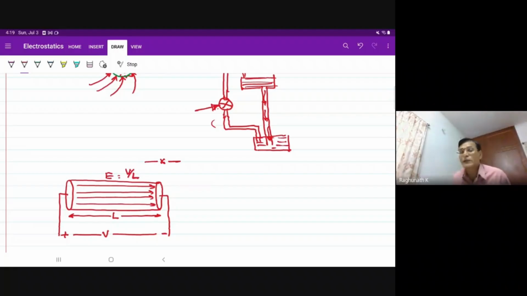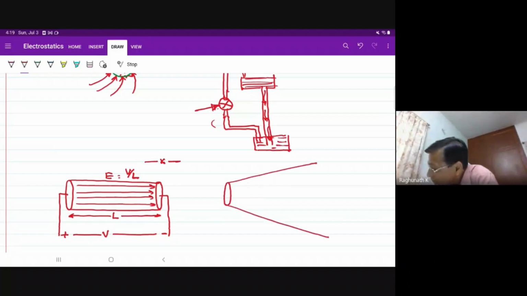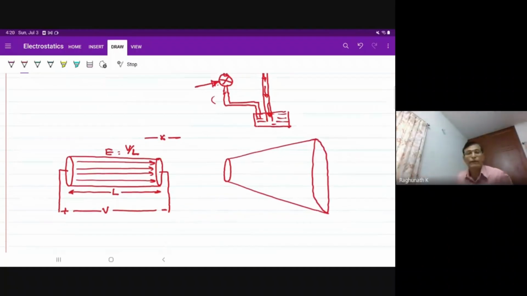If by chance, there is a case actually for us. The conductor is of non-uniform cross section, continuously varying cross section. A practical case for us.